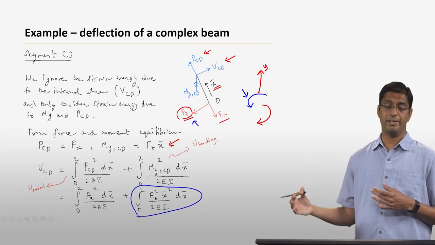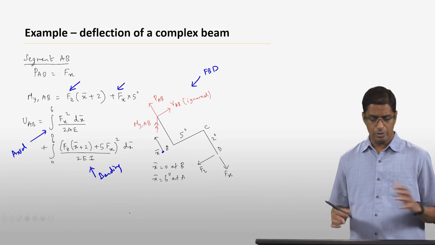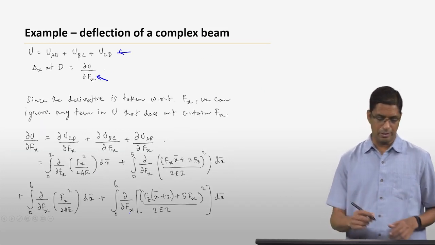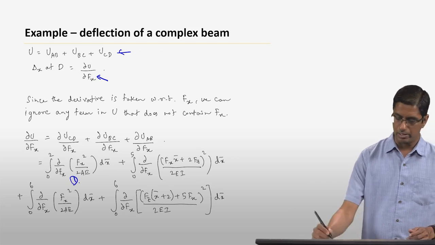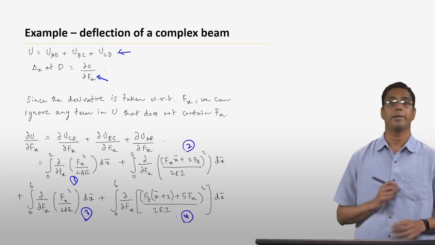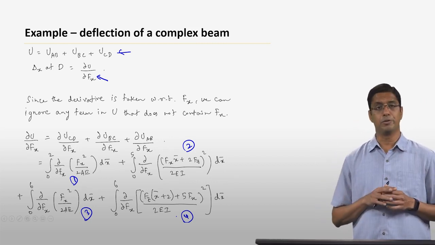If it is in the direction z, it might be different. That is something you must be careful about. That makes the algebra a little bit simpler. So effectively, you have this first term, the second term, third term, and fourth term, and you only have to take the derivative of these 4 terms.